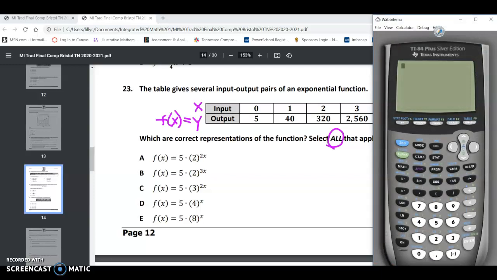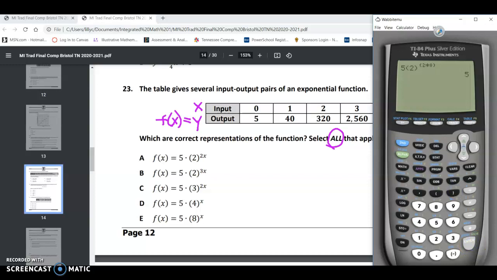And so the first equation is 5 times 2 raised to the 2x power. So if I just type in 5 and do parentheses 2 and then raise that to the 2 times x. And the first x is 0. And that gives us 5.